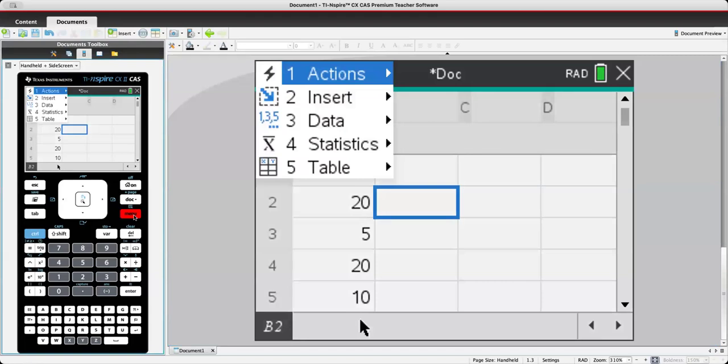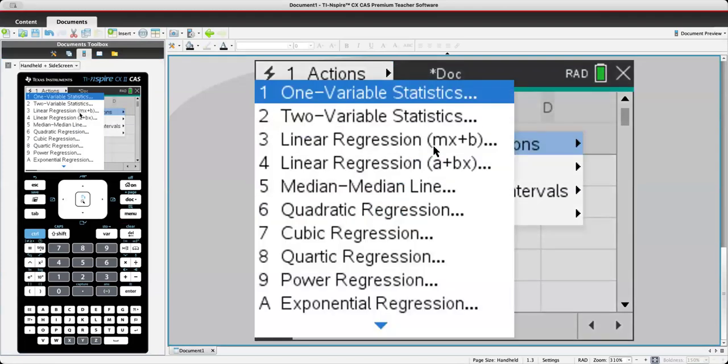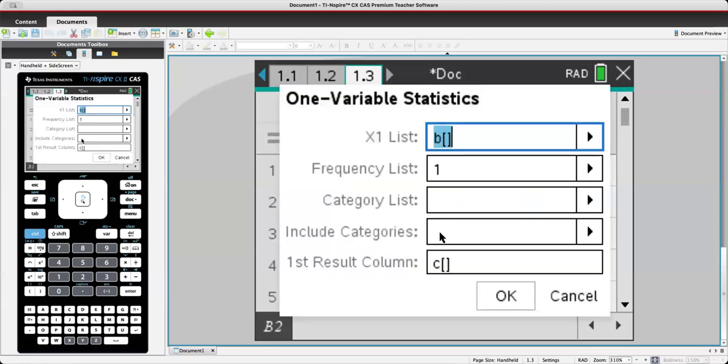We go to statistics, stat calculations, and then option number 1, which is 1-Var Stats. And then number of lists, 1 is fine. But right here, you're going to click on the arrow and choose the name of the data that we want to run 1-Var Stats on, which was the times. And then we hit OK.